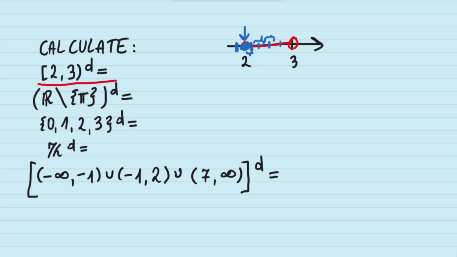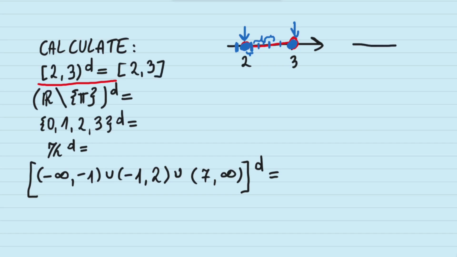And the fact that 3 is not there doesn't change that its neighborhoods also will always have some common points with this interval. So simply taking the derived set fulfills this hole with the non-existent 3, and it closes this interval to be just 2 to 3.